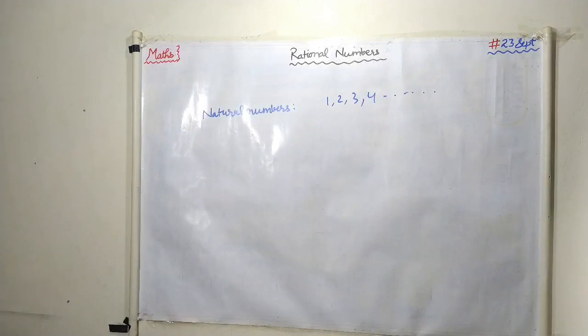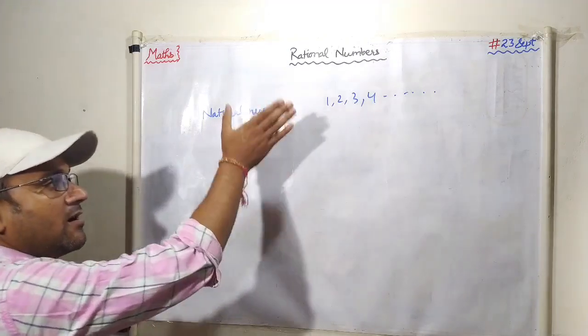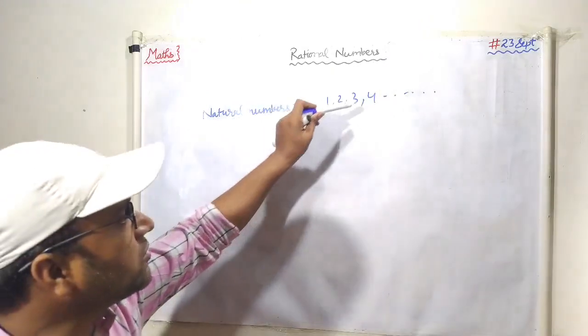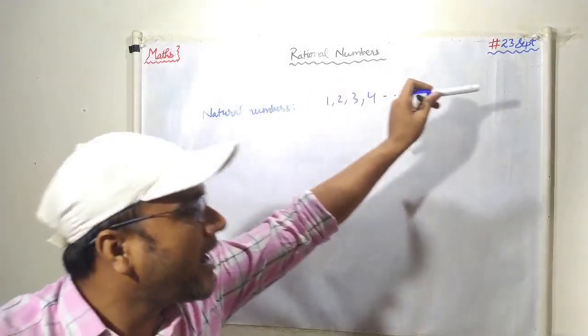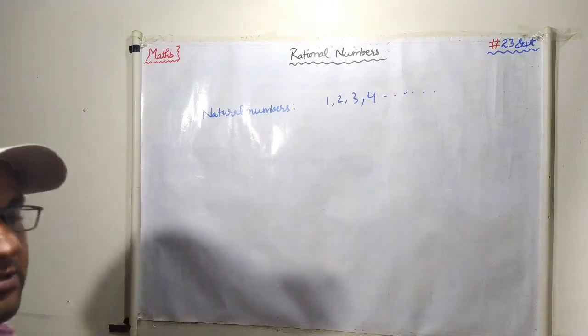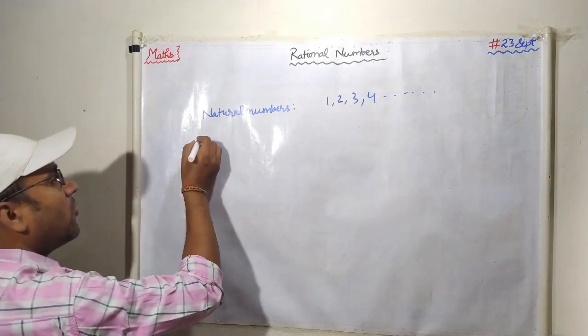These counting numbers are called natural numbers. Next one is whole numbers.